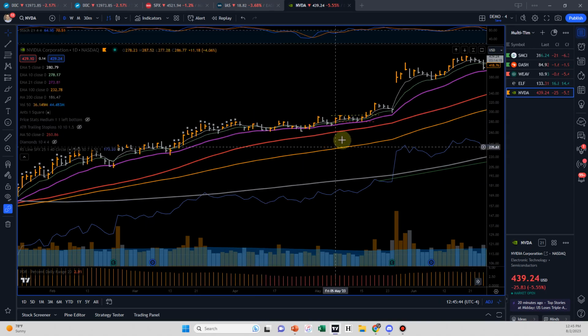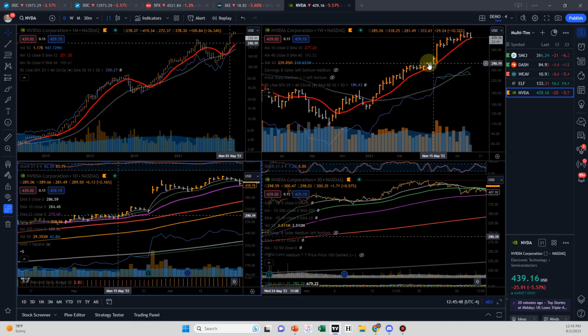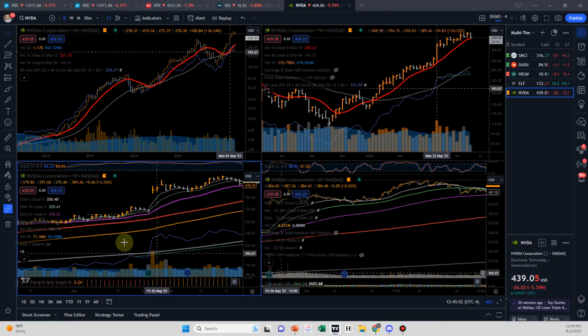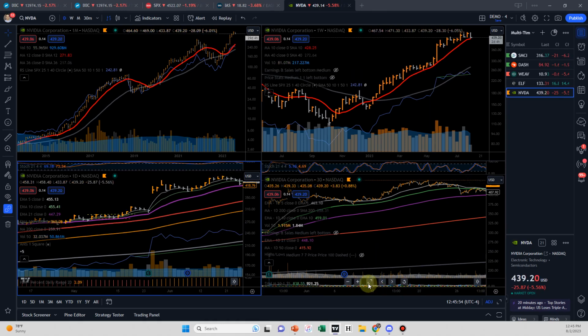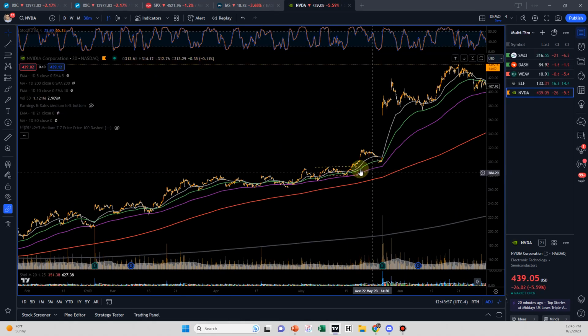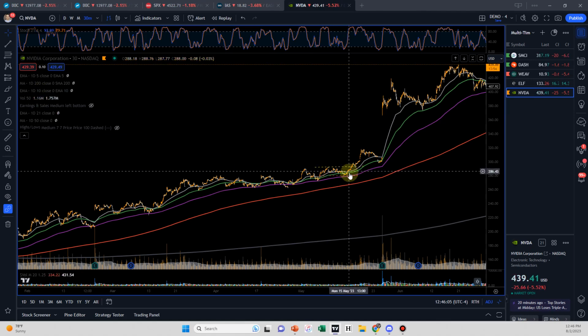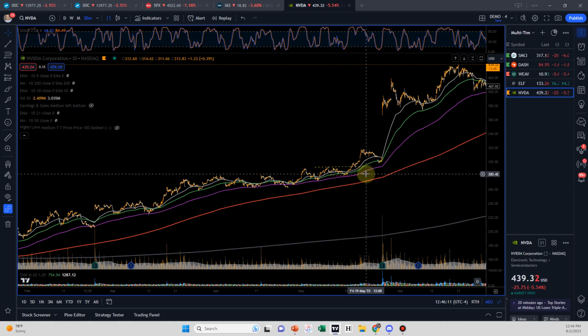Look for tightness not just on the daily time frame. You could spot it a bit on the weekly. You'll spot it more so on the daily. You'll spot it even more on the 30-minute. And you'll spot it more on the 30-minute too, when you have your moving averages from the daily. That makes life a lot easier.